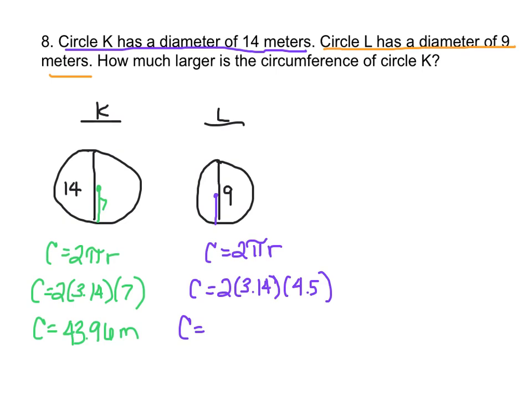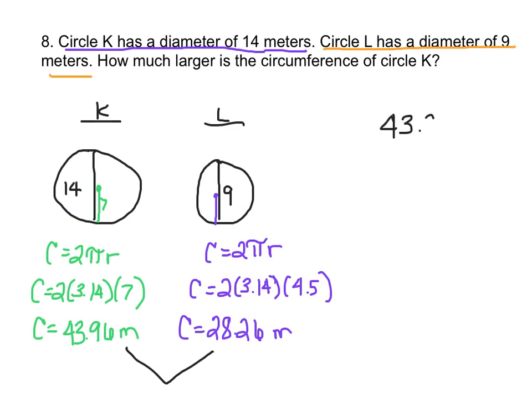Multiply those three numbers together, and we get 28.26 meters. When it's asking for how much larger the circumference is, I need to subtract to find the difference between the circumference of K and the circumference of L.